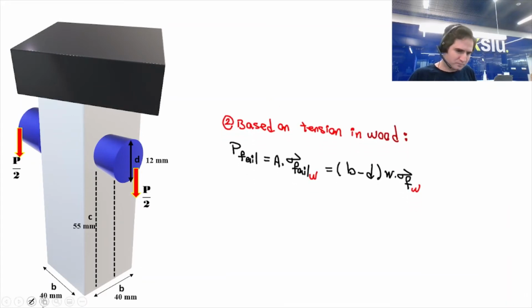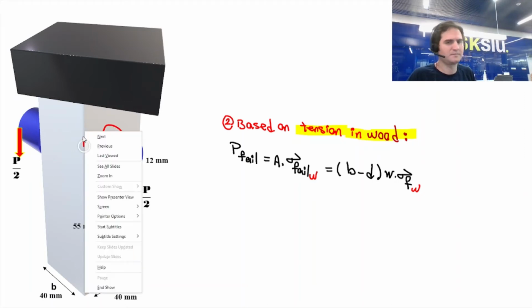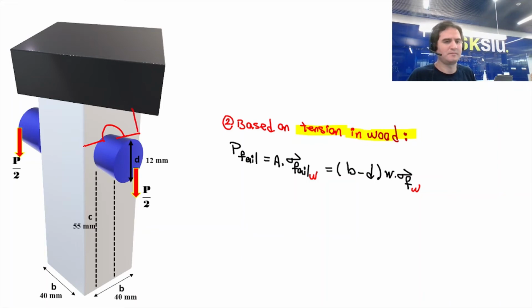Another situation we can study is tension in wood, which applies to a net cross-sectional area. That's our net cross-sectional area.